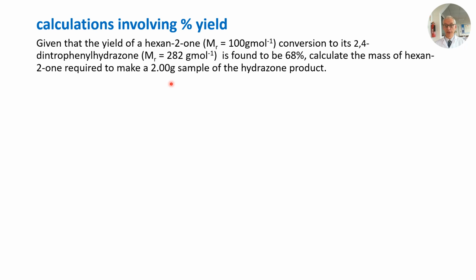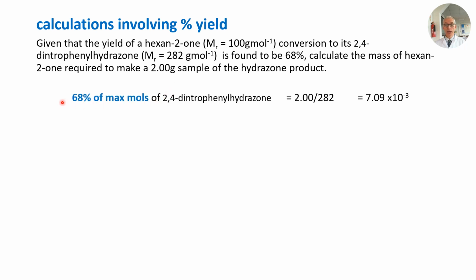Okay, so I'm going to reveal. I'm going to work out what 68% of the maximum moles of 2,4-dinitrophenylhydrazone is numerically. So we've got 2 grams made divided by the molar mass 282. So the 68% of the maximum number of moles in the reaction is 7.09.